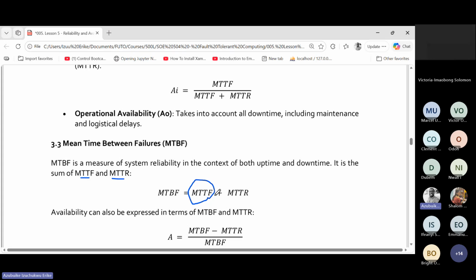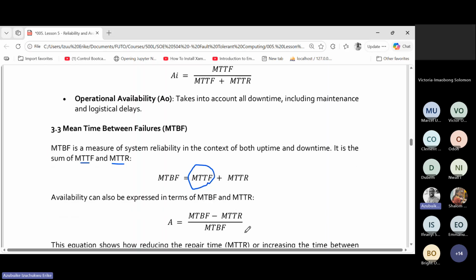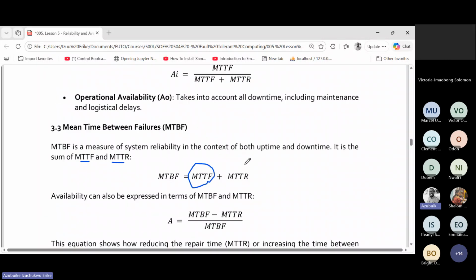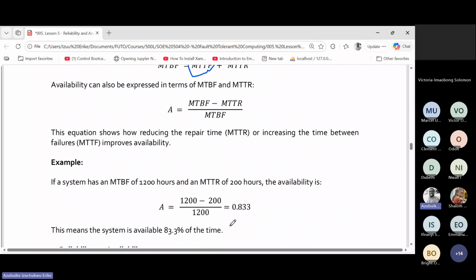So if we do that, what we are going to get is MTBF minus MTTR, all over MTBF minus MTTR, then plus MTTR. I hope you can get it here. I'm not having my writing pad, but let me see if I can write.